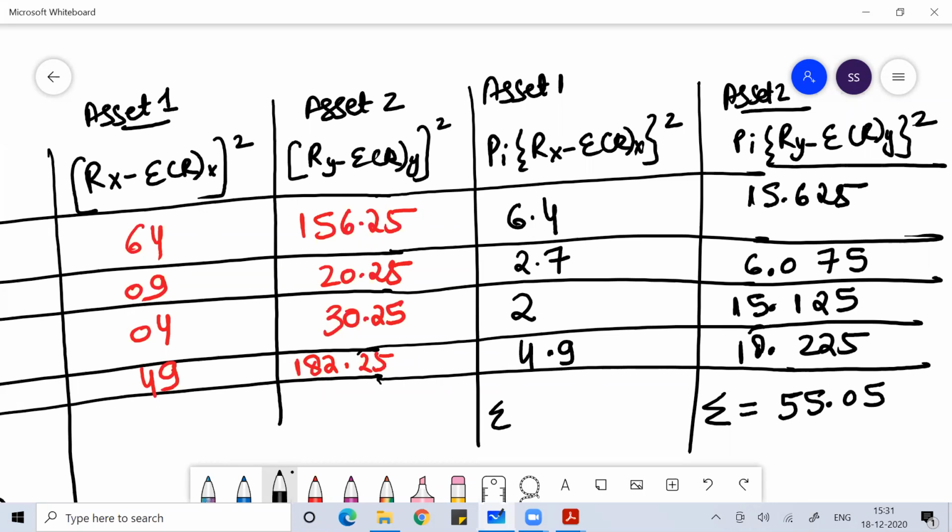Here the sum that you are getting is 16. Let me know if there is any mistake anywhere.